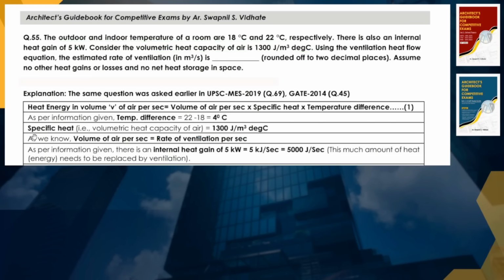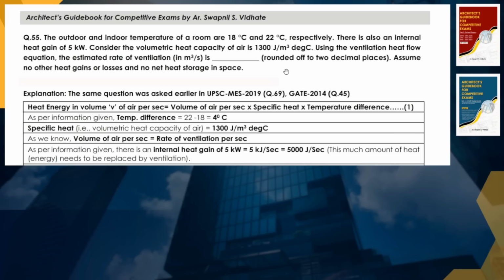As we know, volume of air per second means it is the rate of ventilation, right? Rate of ventilation per second. As per the information given, there is an internal heat gain of 5 kilowatt. So we'll just convert this 5 kilowatt into joules, because here the volumetric heat capacity of air is mentioned in terms of joules.